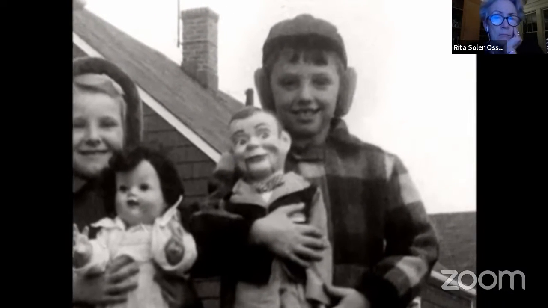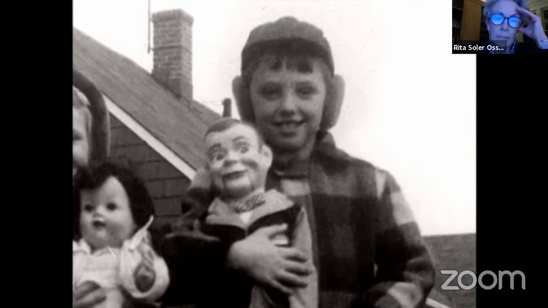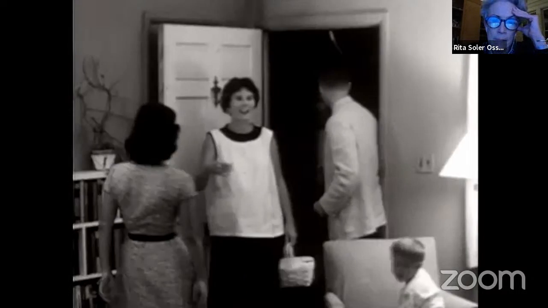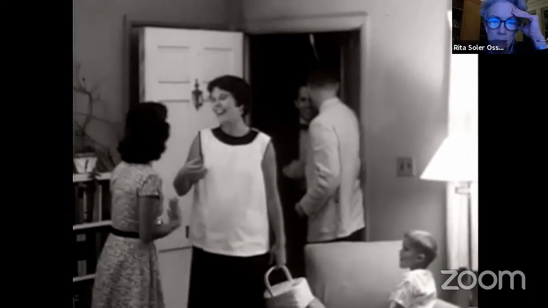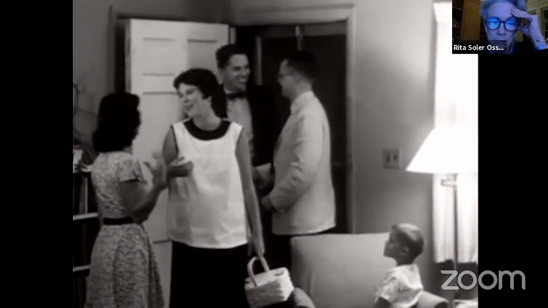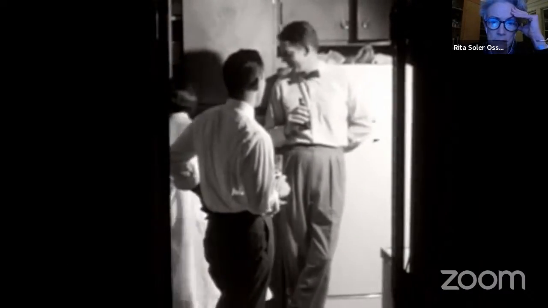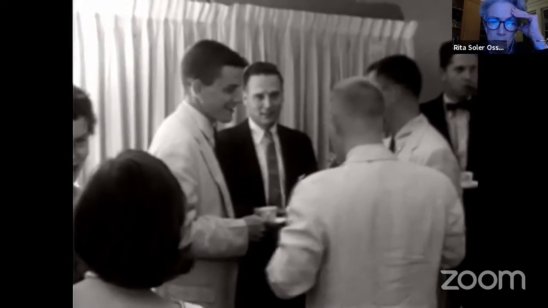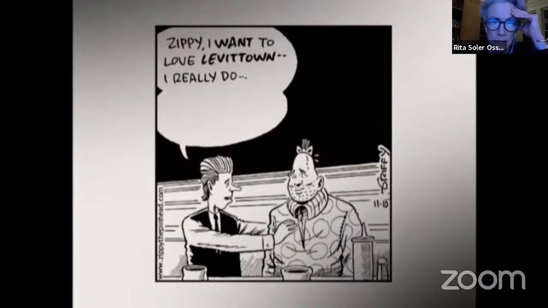Cartoonist Bill Griffith remembers moving from Brooklyn to Levittown as a kid. It's an untenable artificial world. You're creating a weird utopia in a way, a utopia of middle-class white people who were trying to deny that they were living in a multi-racial world. And how long can you keep that up?